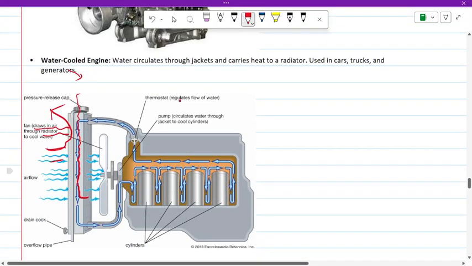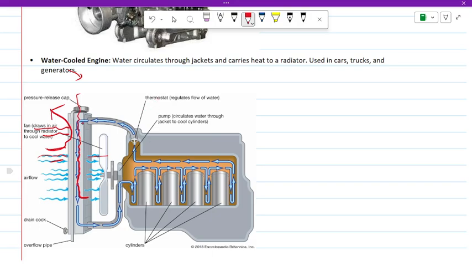Water cooled, in the four wheeler, we need a water type of system. We put some water inside, so that air will come, take the heat from the water and go away from the engine.